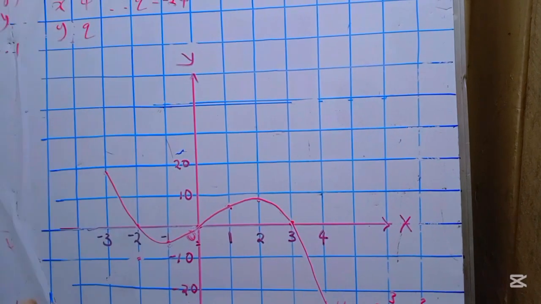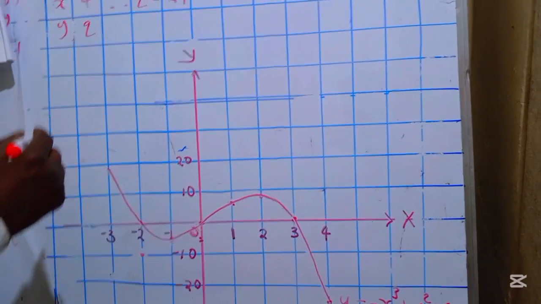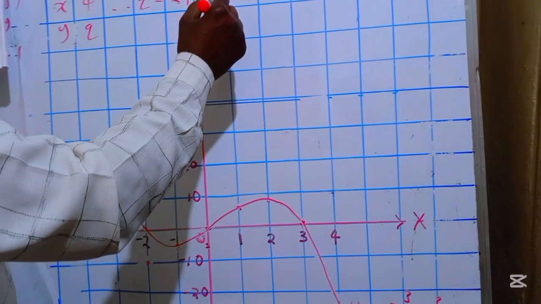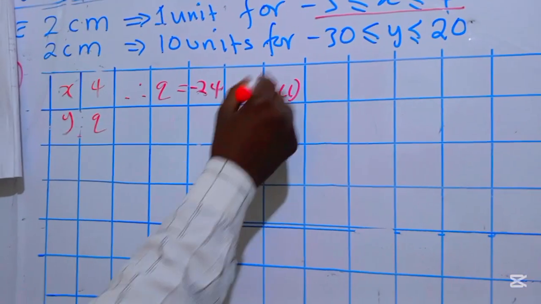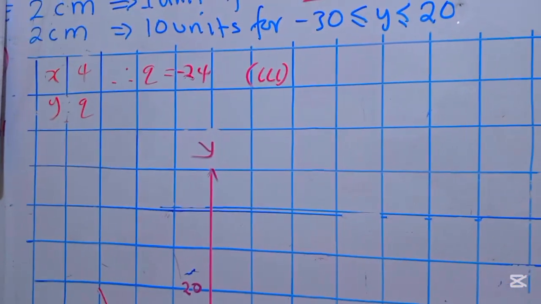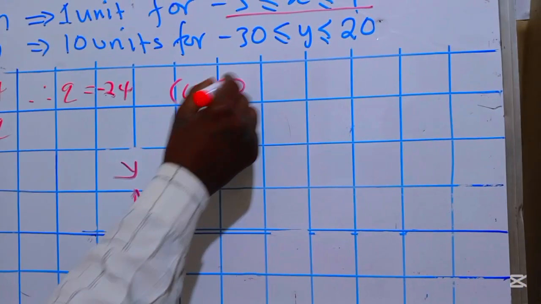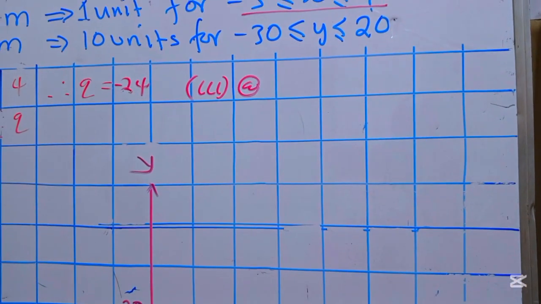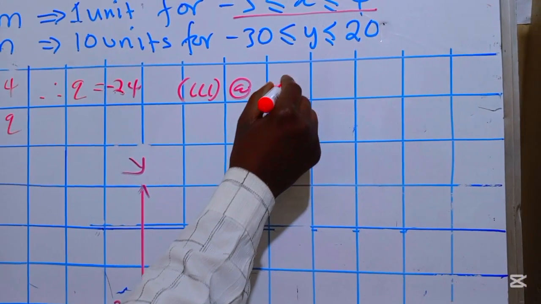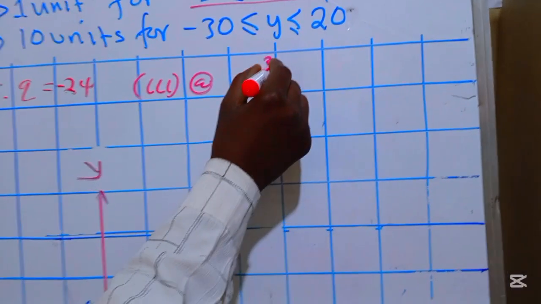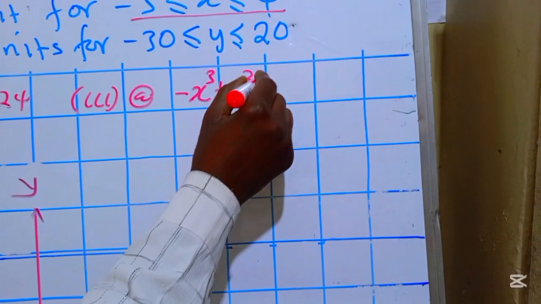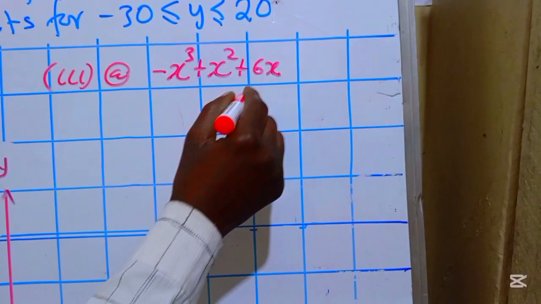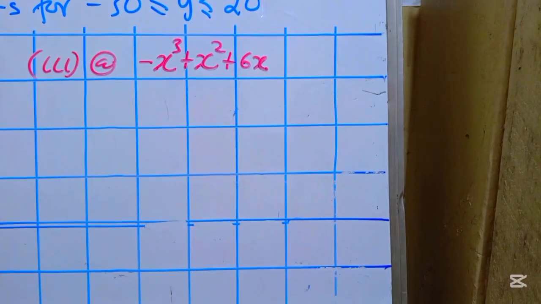We have to use the graph. They are telling me that I should use, this is part 3, part 3a. So now they are telling me that I should use the graph where this one, x to the power 3 plus x squared, plus 6x is equal to, is it true?